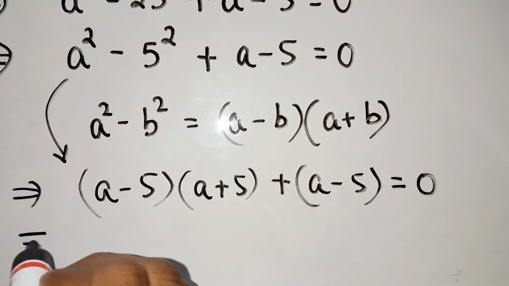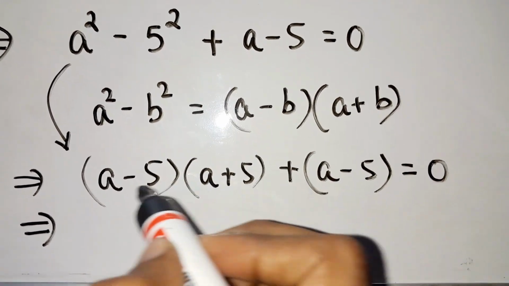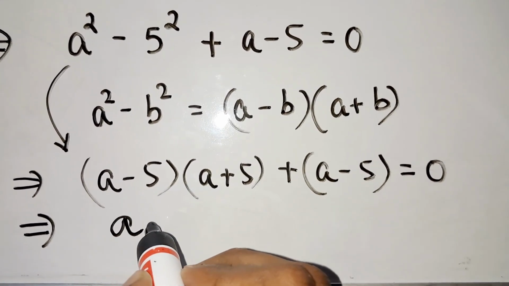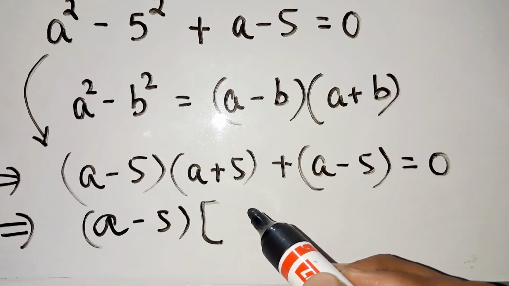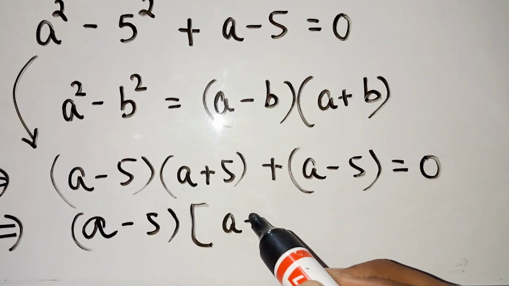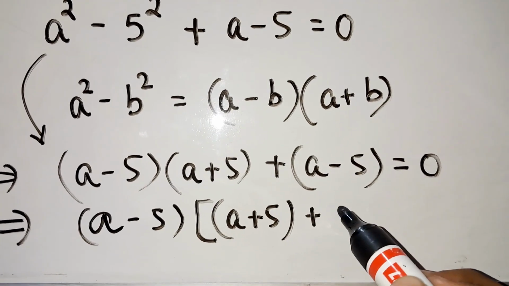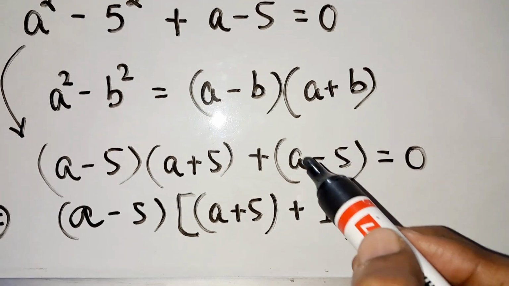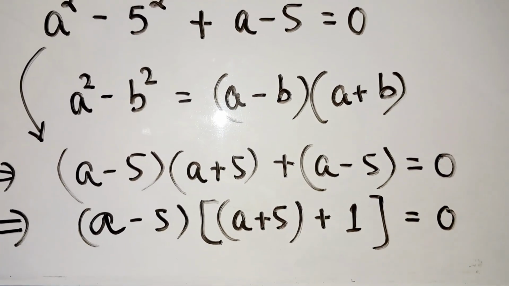Now we can see that a minus 5 is common to both terms. Taking it common, what is remaining from the first term is a plus 5, and from the second term it is nothing but 1, because here it is 1 multiplied by a minus 5, equals to 0.